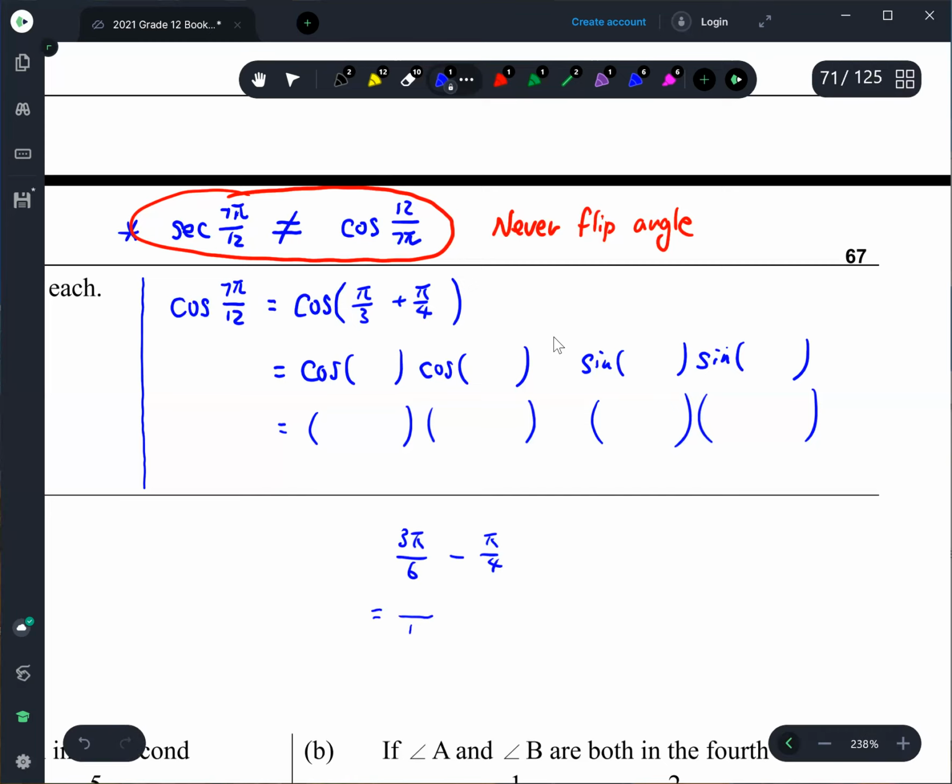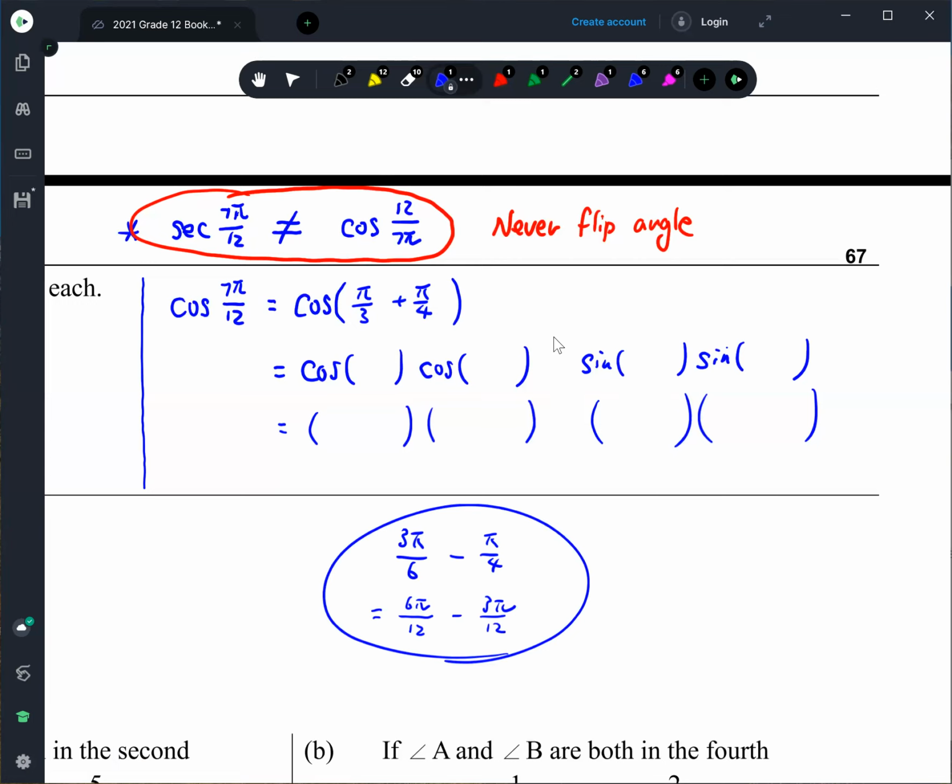This will be 6 pi over 12 minus 3 pi over 12, and that gives you 3 pi over 12. Do you see I wrote it here? You want to make 7 pi over 12. Okay, so those two.